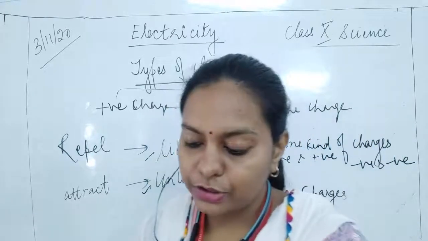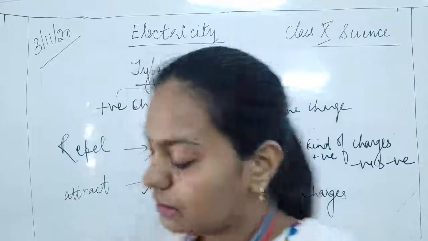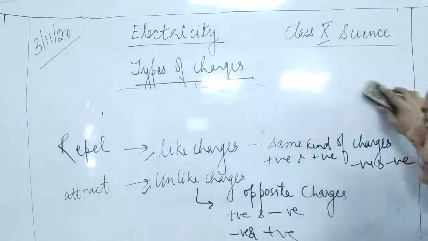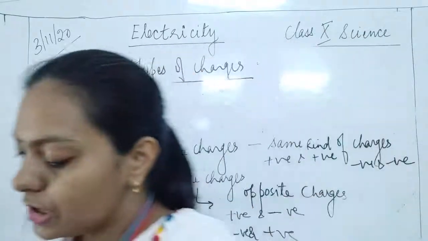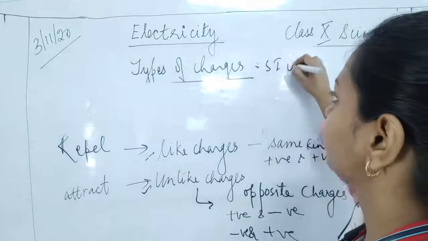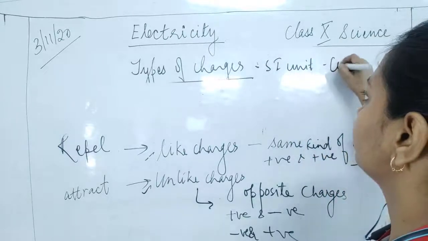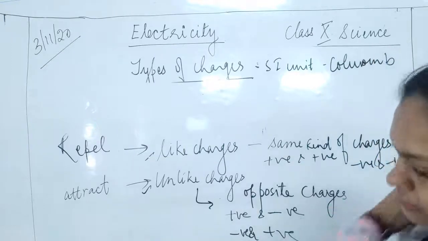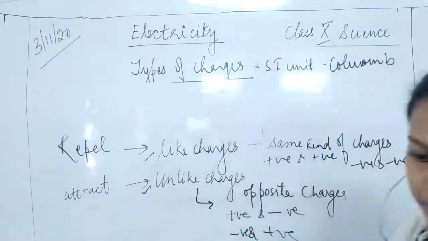Now the SI unit of charge is the coulomb. What is the SI unit of charge? Whether it is positive or negative charge, its SI unit is coulomb.